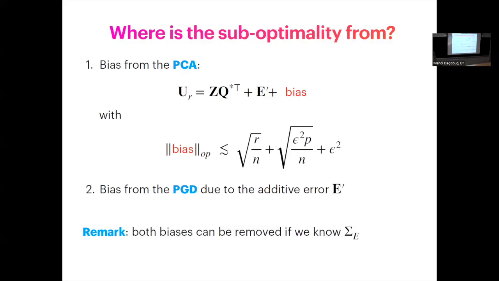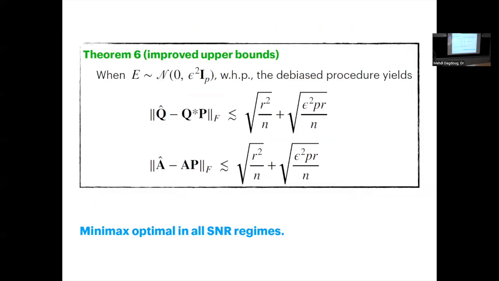For both biases, if we know the covariance matrix of the additive error, they can be removed. That will give us an improved estimator, which we call the noise version, that will achieve this minimax lower bound in low signal-to-noise ratio scenarios. So I also give you the way we estimate this Q matrix at this rate.